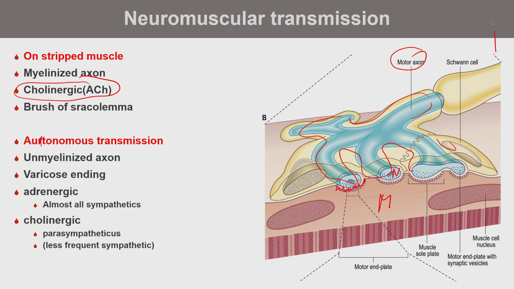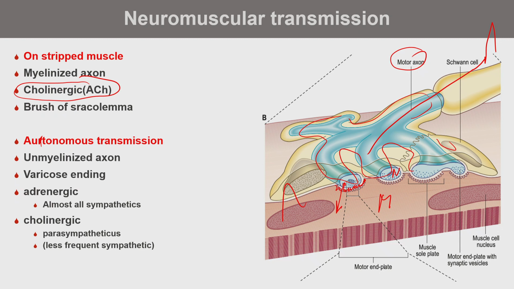So when the stimuli are going here, there are vesicles of acetylcholine, like everywhere in the peripheral nervous system, and this is something like a synapse, but it's not a synapse.